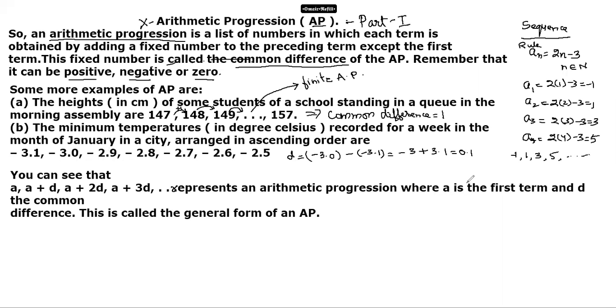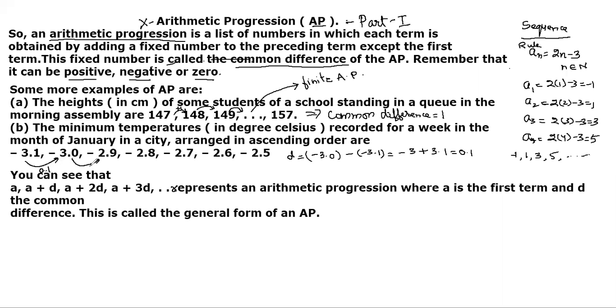So now 0.1, 0.1, we are adding in each term here. If you add 0.1 to minus 3.1, this will become minus 3.0.